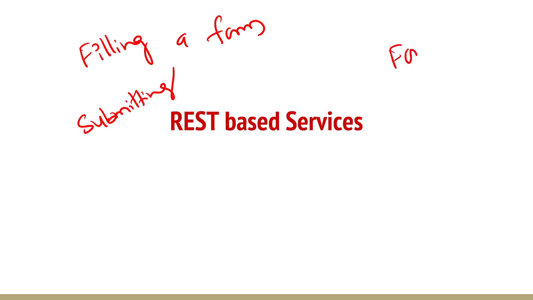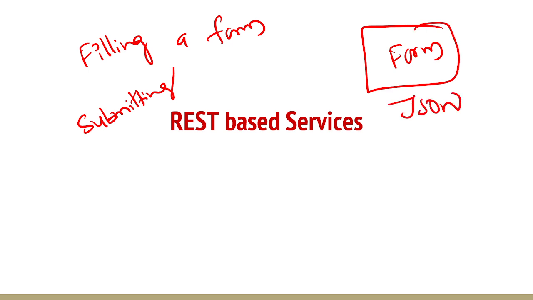Your form, which contains your data, is the JSON, because it is in structured form. It has some columns which you have filled. HTTP is the one who will take your form and submit it in the office. If you are filling the form and submitting it, then you are like HTTP, because you are a carrier taking that form and submitting it in the office.